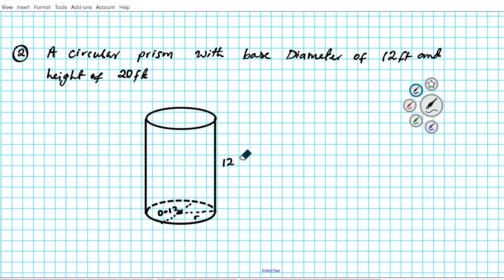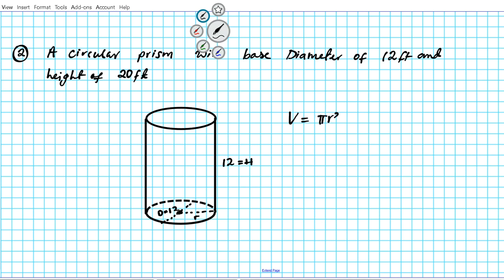Okay, so let's go ahead and find the volume first. The volume is area of the base times height. The area of the base is pi r squared, and then multiply that by the height. In this particular case, the diameter is 12 feet, so that means that the radius is half of that, which is 6 feet. Just divide it by 2, and your height is 12 feet.